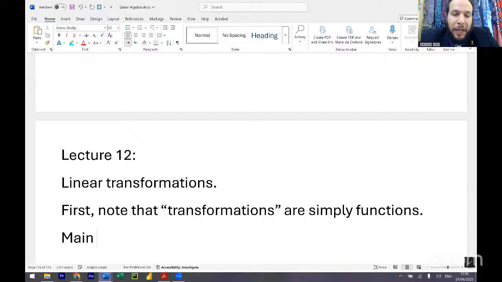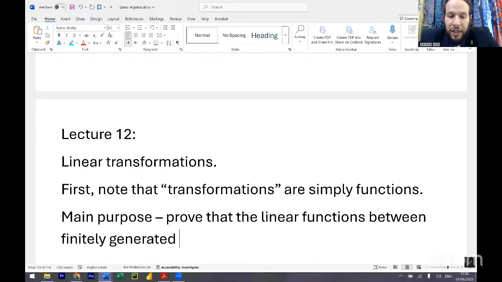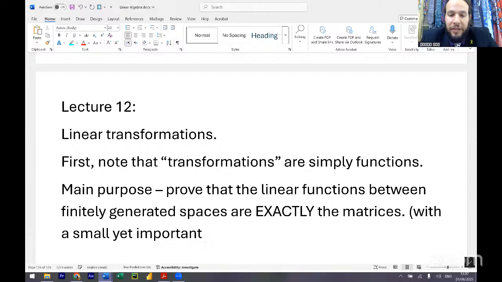Main purpose, I don't know if it's a main purpose, I will write it. Main purpose: and prove that the linear functions between finitely generated spaces are exactly the matrices, with a small yet important translation between the two.